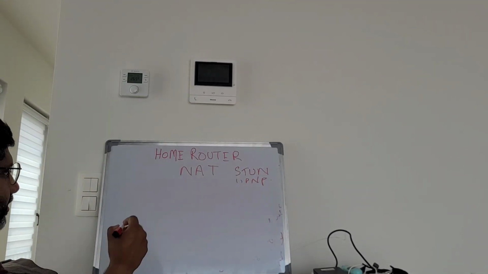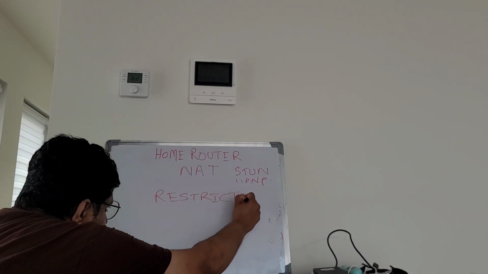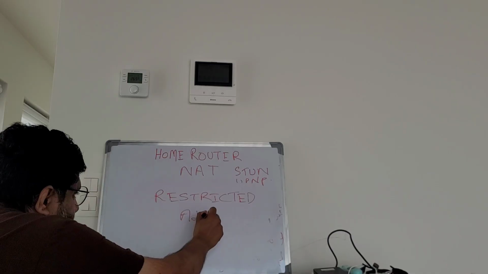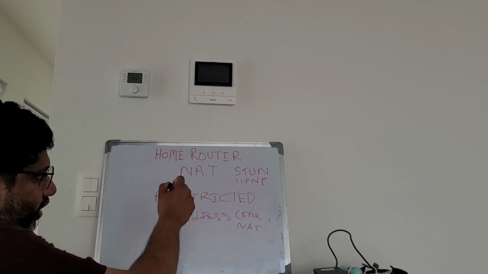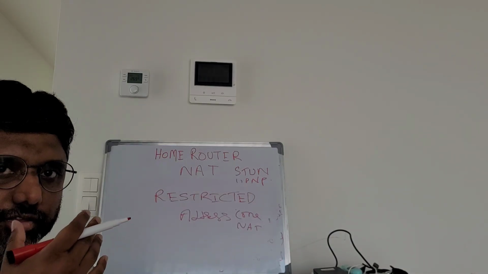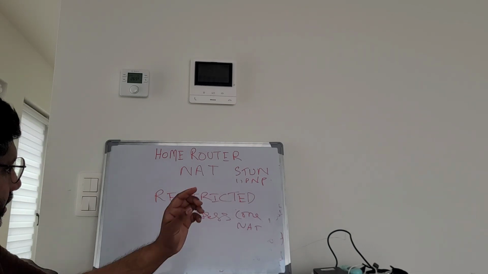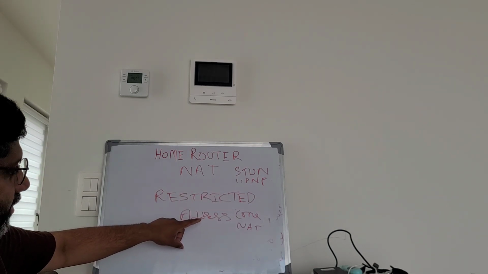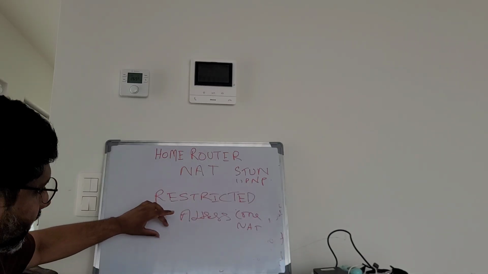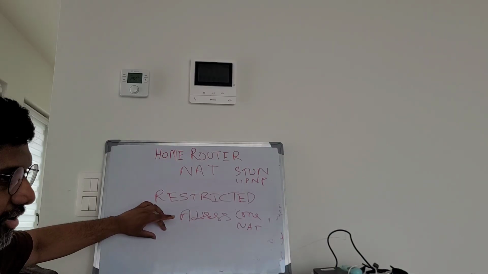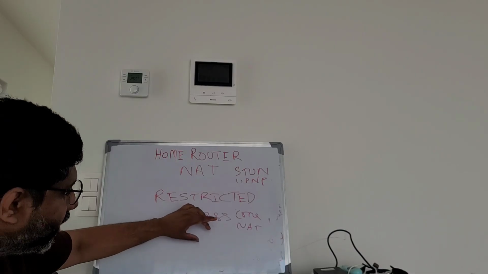Then the next type is restricted address cone NAT. Here again, your private address is translated to a public IP address. That public IP address is used to communicate to the external server, but here it requires that the internal LAN client should have sent a packet to the external client trying to reach it.